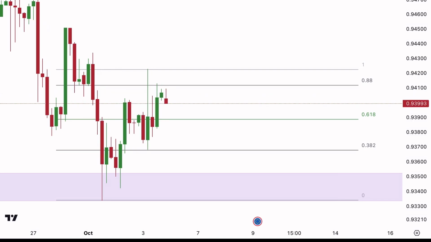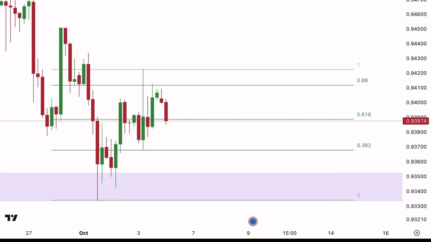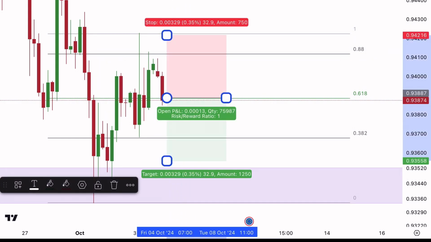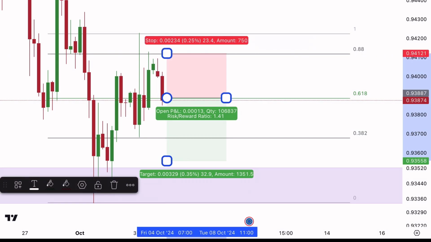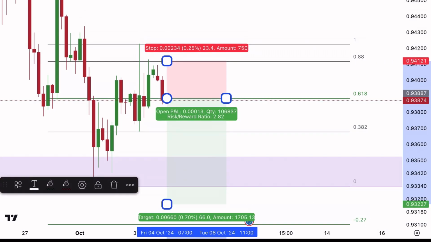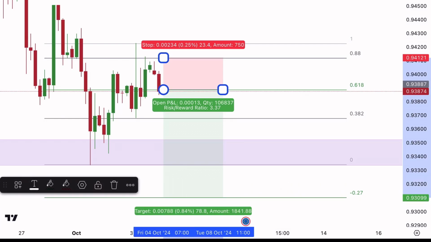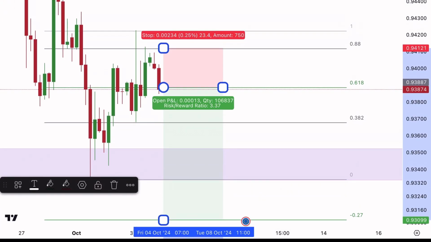So right now we're waiting on the break of the 61. Right here you can clearly see the 61 has been broken. So our sell limit goes on the 61, stop loss on the 88, and our take profit on the negative 27, giving us a minimum of 1 to 3.